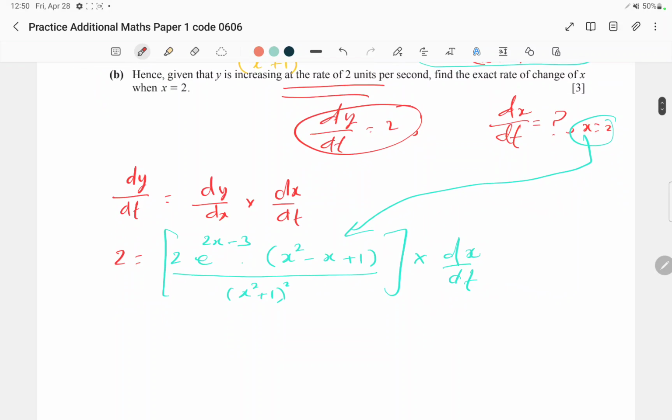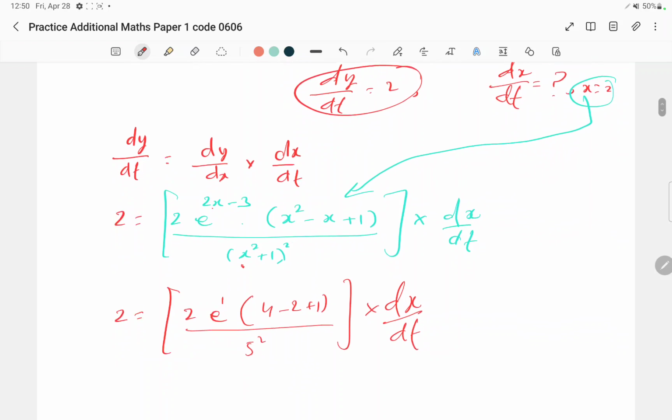So that will be 2 equals 2 times e to the power, x is 2, so 2 times 2, that's 4, 4 minus 3, that's 1, so 2e. And then if you put 2 over here, 2e squared is 4, 4 minus 2 plus 1, over 2 squared plus 1, that's 5, so it is 5 squared, and then it is dx over dt.